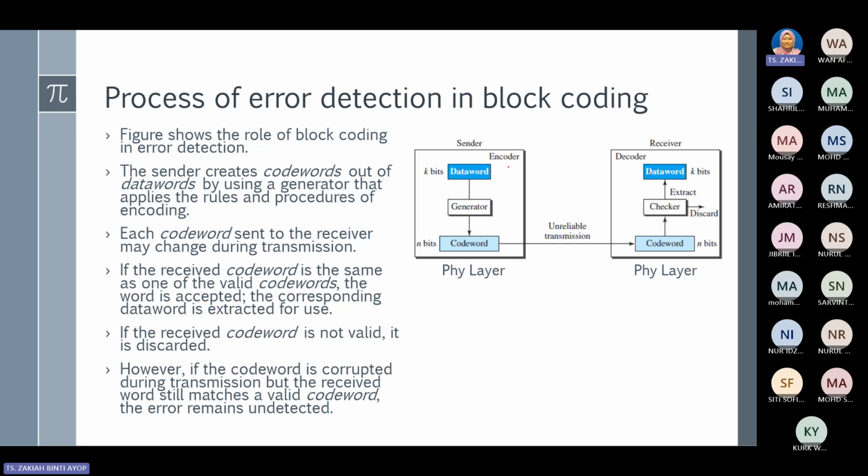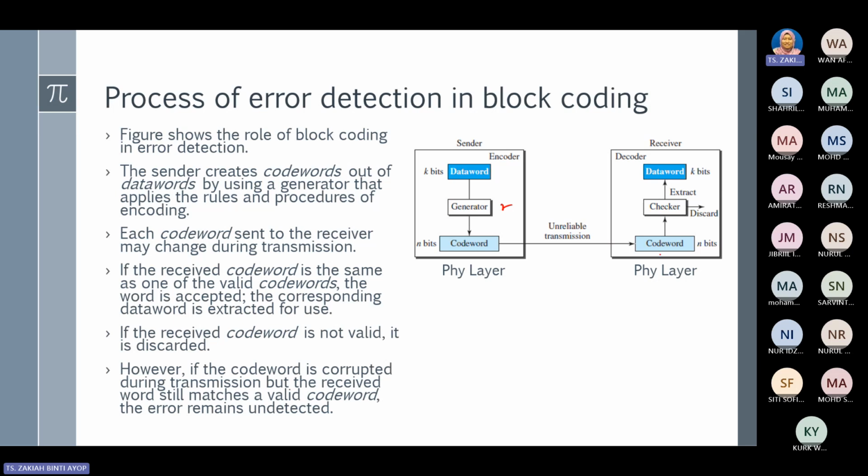The sender would encode the data word and generate the redundant bits to become a code word. The sender creates a code word out of the data word by using a generator that applies the rules and procedures of encoding. Then this code word is sent to the receiver and may be changed during the transmission.